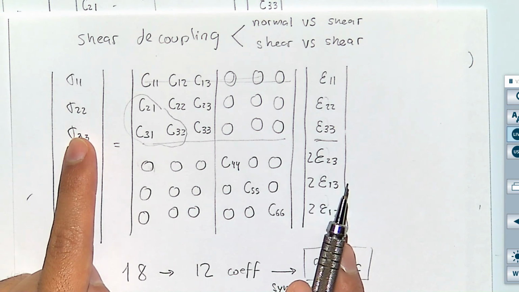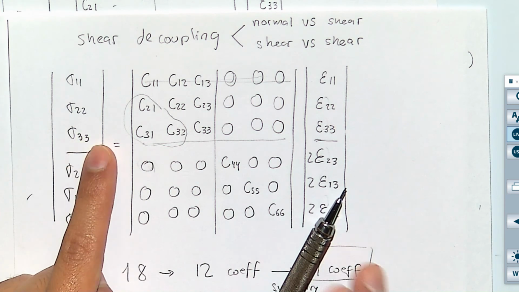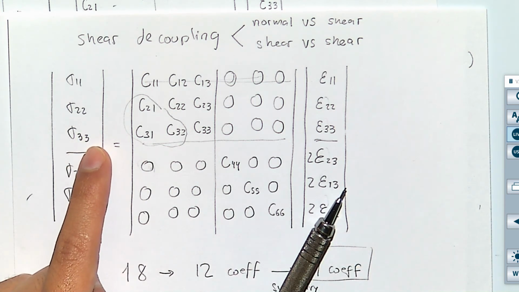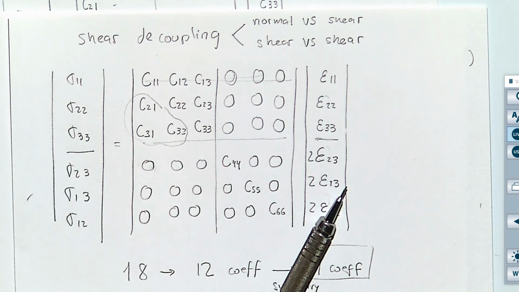How would a strain produce a stress in the first place? Well, probably it's easier to think of a stress producing a strain, right? You apply stress, you produce a strain. But it is the same. Also, if you prescribe a strain, that's going to require a stress, or it can also induce a stress.